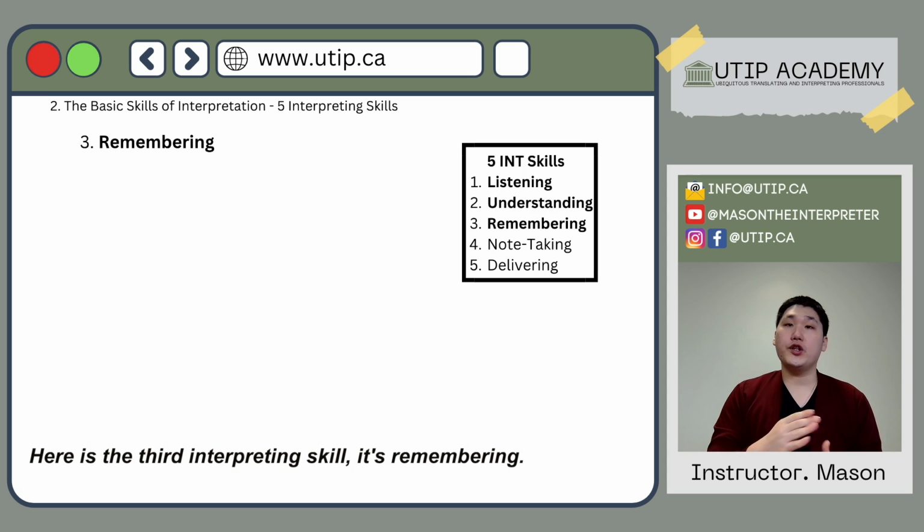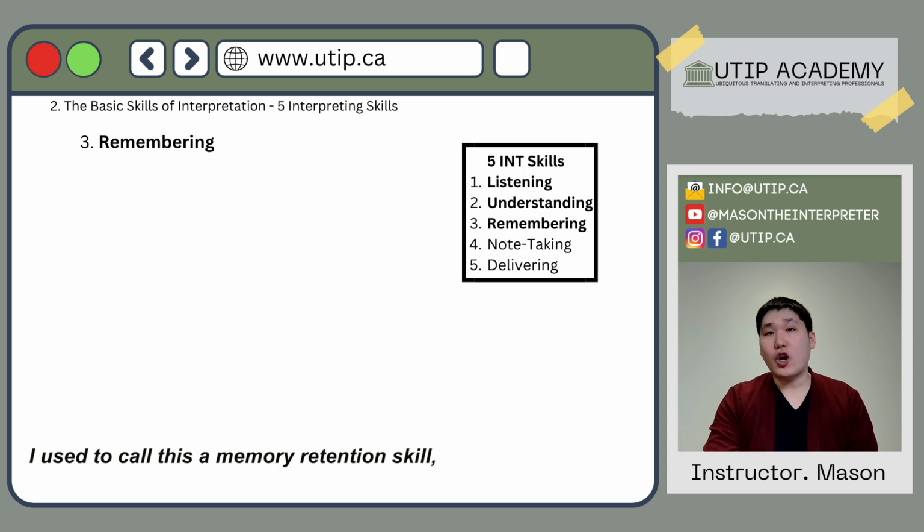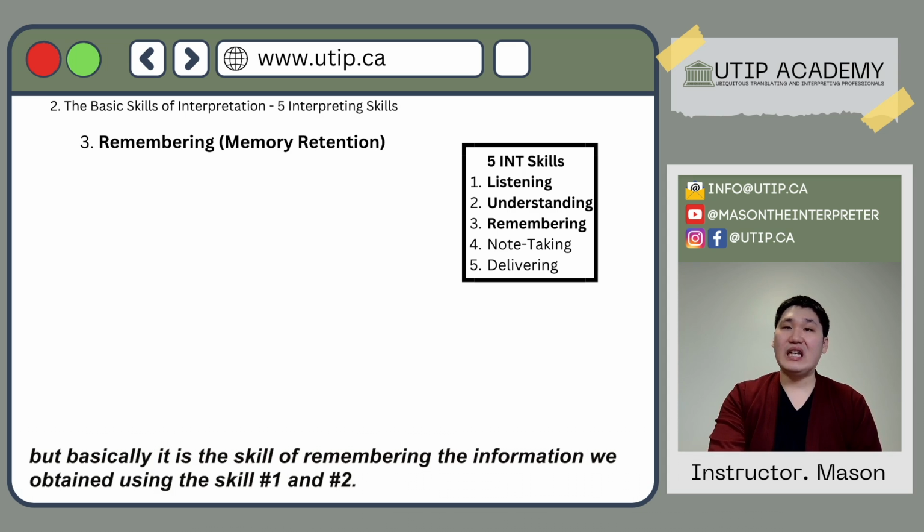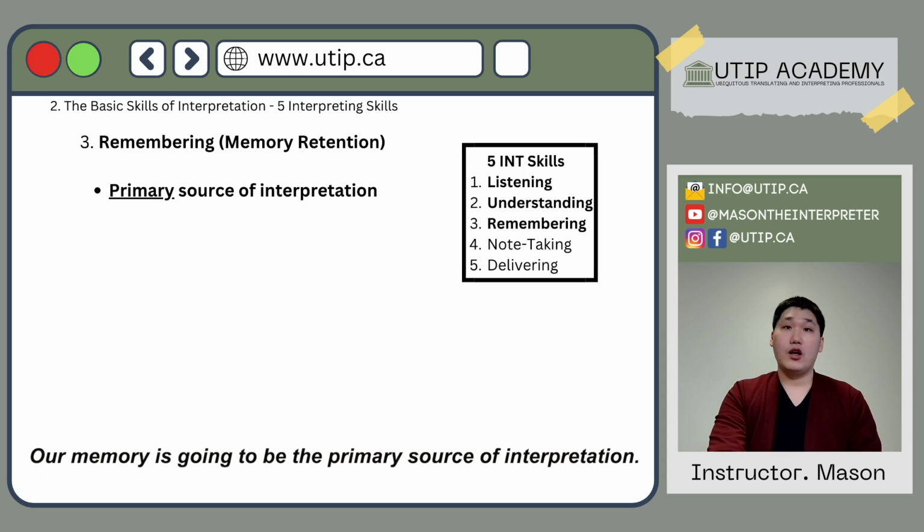Here is the third interpreting skill. It is remembering. I used to call this a memory retention skill, but basically it is the skill of remembering the information we obtain using the skill number 1 and number 2. Our memory is going to be the primary source of interpretation.